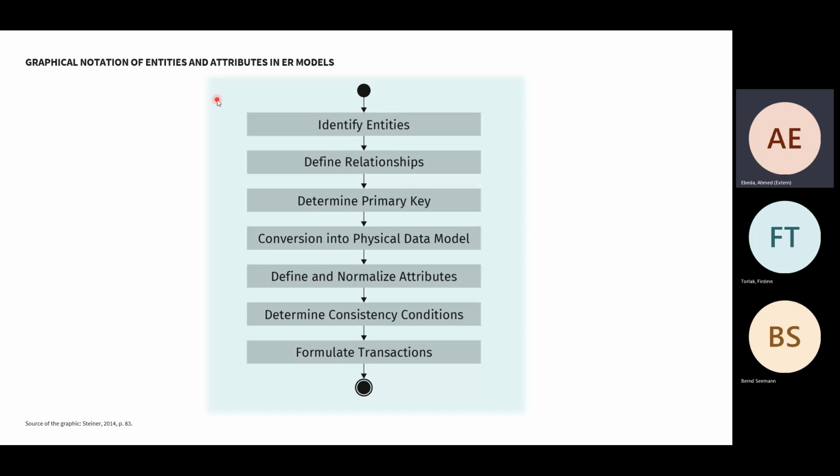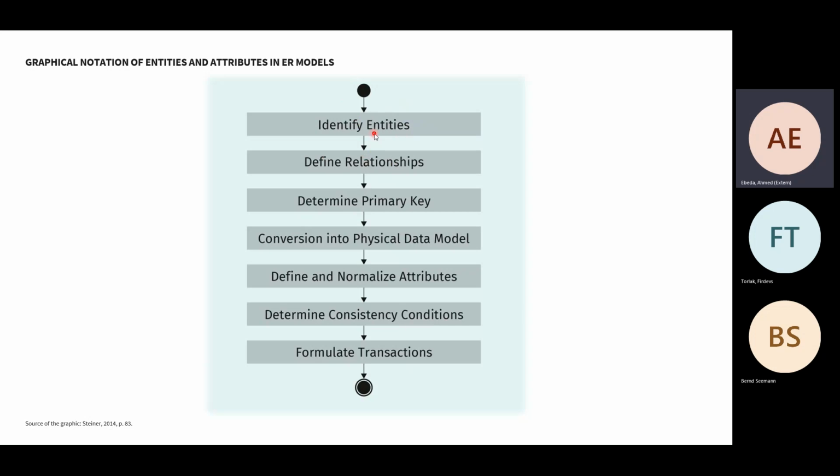Graphical notations of entities and attributes. The first thing we usually do is identify our tables, or entities. We call our tables entities. So first of all we identify our entities, then define relationships, just like when you build a house.